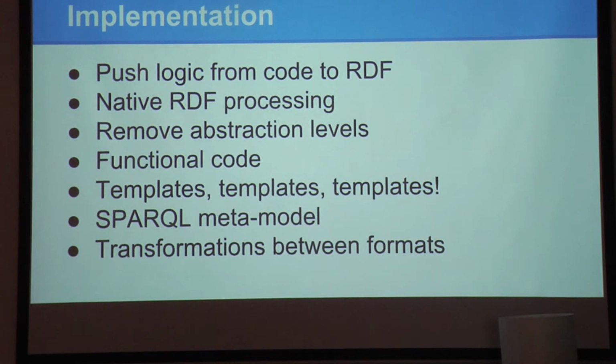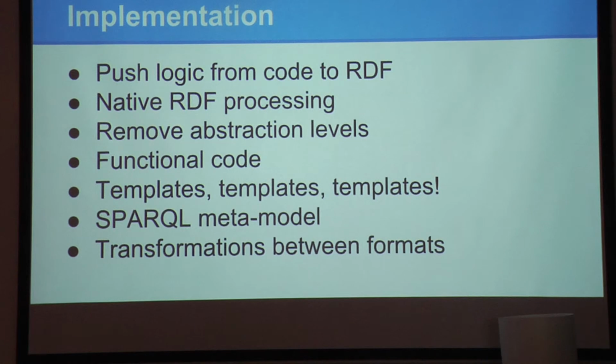If we have object mappings on top of RDF, then we lose the advantage of RDF flexibility. But if we can avoid those object layers and go straight for RDF, then we get the generic advantage. And this fits nicely with functional code.